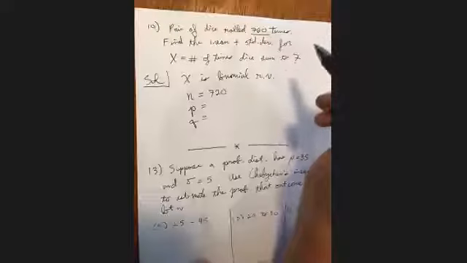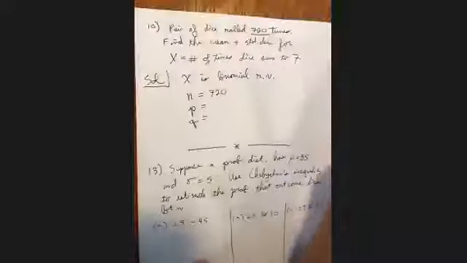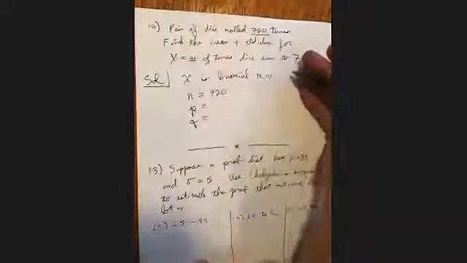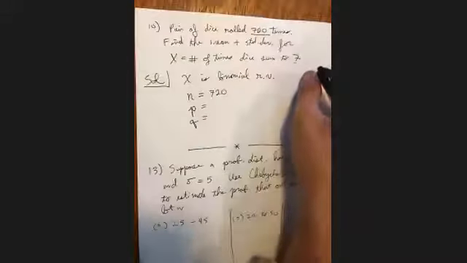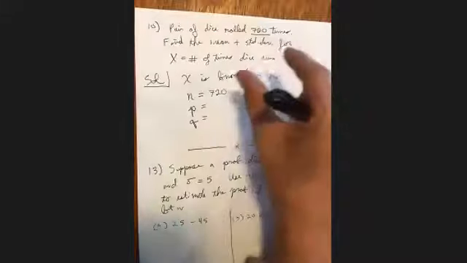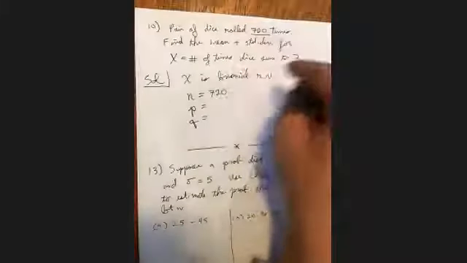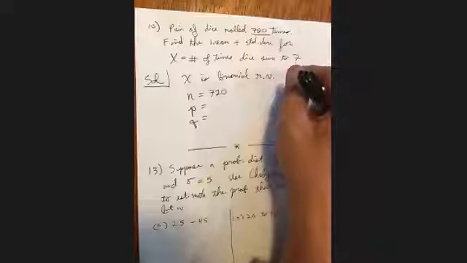So, you have one option, and we've done this in the past, is you list out the whole sample space, which consists of all those pairs of dice, pairs of outcomes, and you find the pairs that sum to 7.